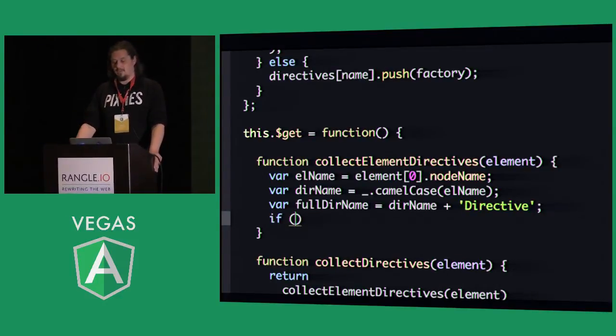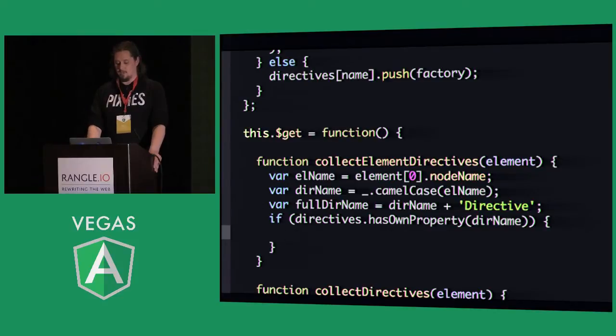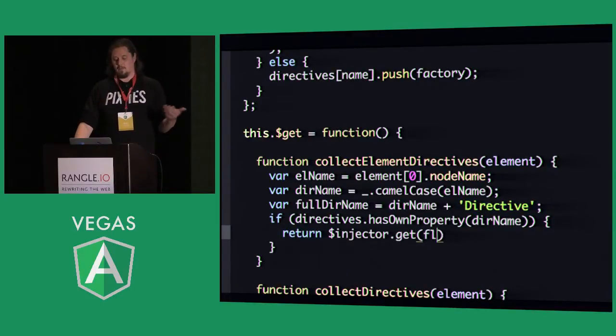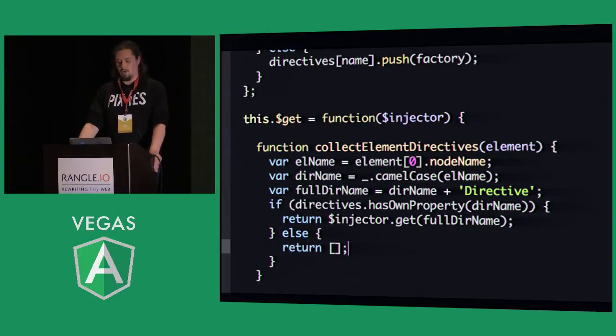And then we can check, do we have directives matching this element's name? So we have this directives object in scope of this provider, so we can just check, does it have a key matching this normalized element name? And if it does, we get the corresponding directives from the injector with that full directive name, and that will call the factory that we set up a few minutes ago. And we need to get the injector to do that. And that returns us an array of directives, one or more of them. Or if we don't have any matches, we just return an empty array so that we have, in all cases, something to return.